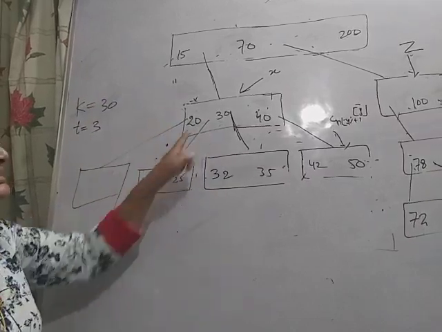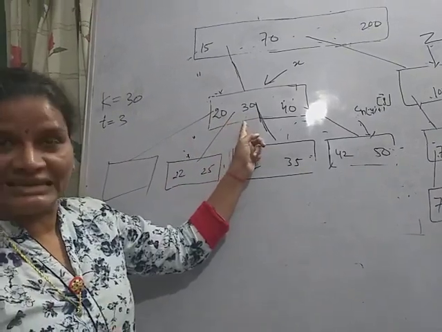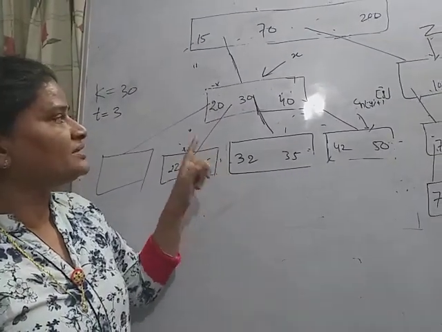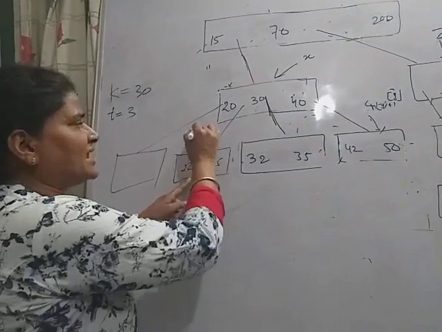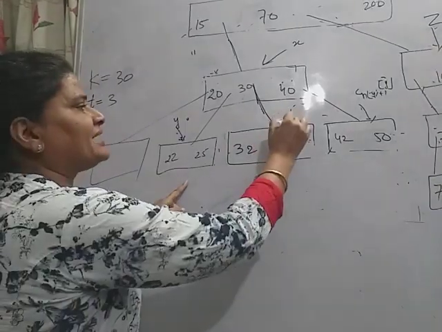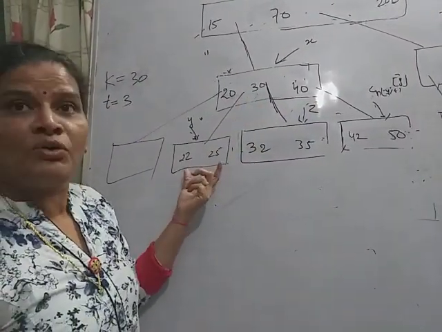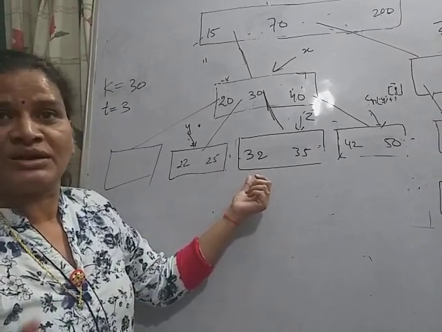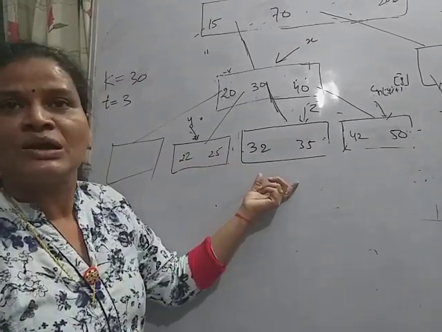I want to delete 30 from this node. So the key is present in internal node X. Now the child Y that precedes 30 and the child Z that follows 30 both contain T minus 1 keys.